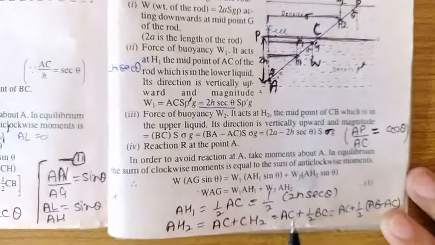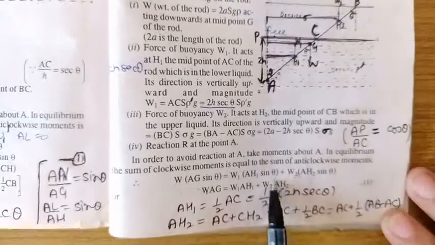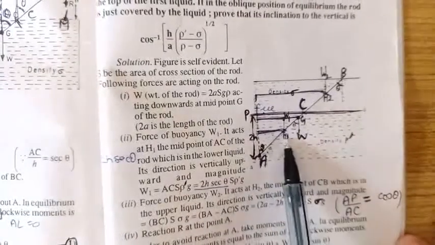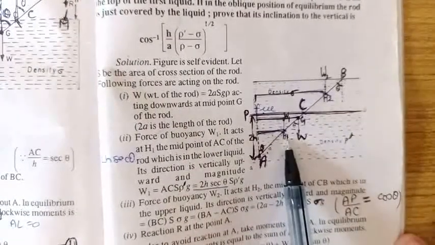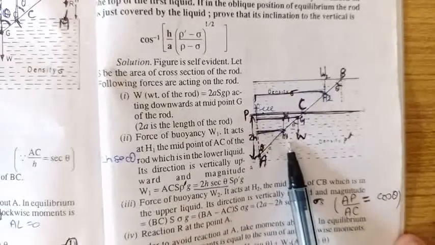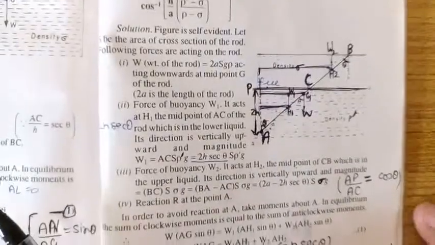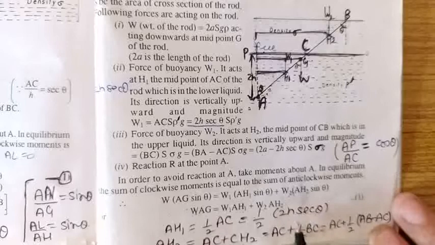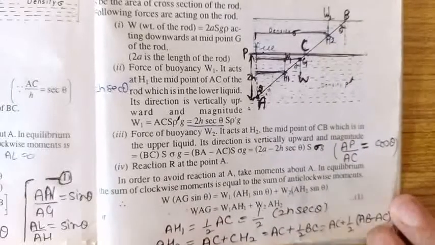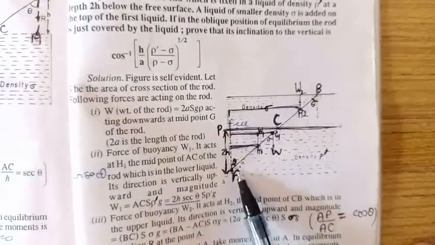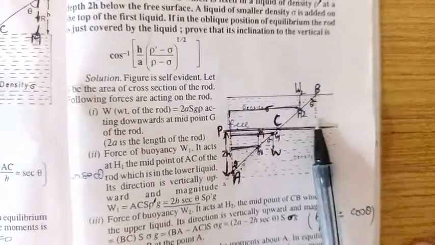Now let us find the distances AH1 and AH2. In the figure you can see that, because H1 is the midpoint of AC, AH1 will be half of AC, and AC we have already obtained as 2h secant theta. So AH1 will become h secant theta. Now we are to find the distance AH2. From the diagram, AH2 is given by AC plus CH2.